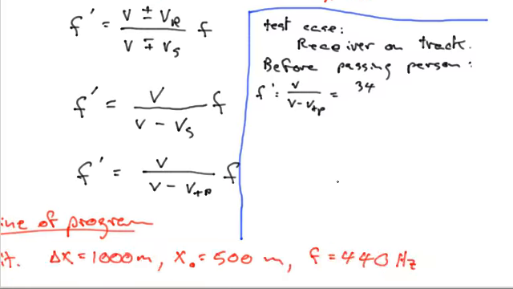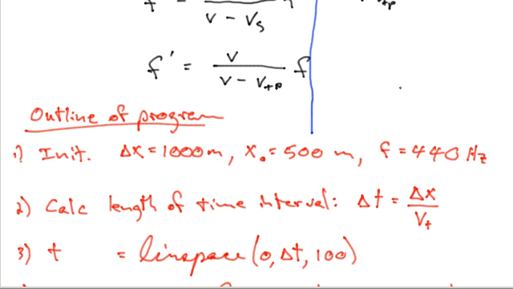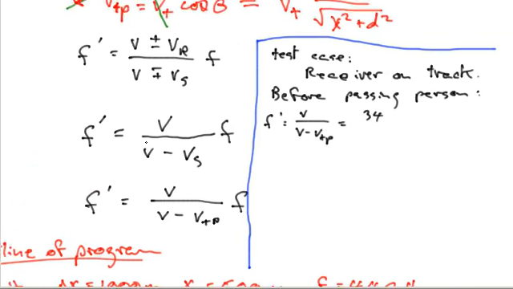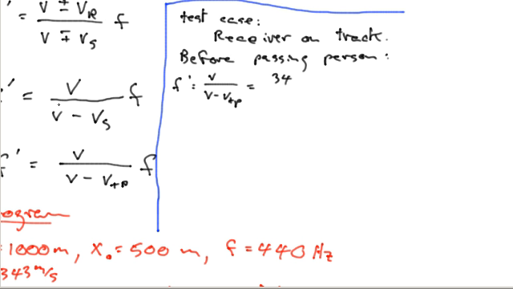So as far as initializing stuff, I gotta initialize the V equals 343 meters per second. Okay, so test case help remind me of that. 343 meters per second divided by 343 meters per second minus, and V toward is just 50 meters per second.